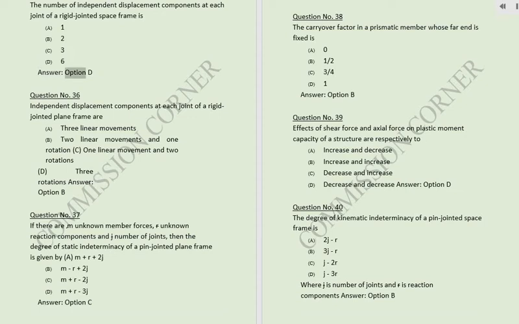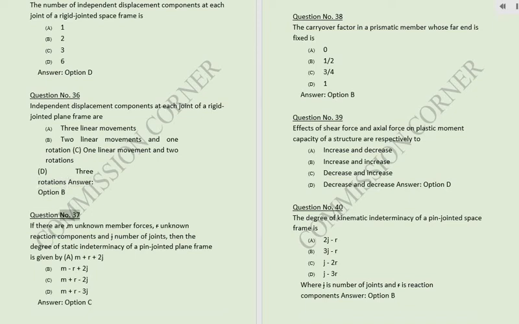Answer, option D. Question number 36. Independent displacement components at each joint of a rigid jointed plane frame are: A, 3 linear movements. B, 2 linear movements and 1 rotation. C, 1 linear movement and 2 rotations. D, 3 rotations. Answer, option B.